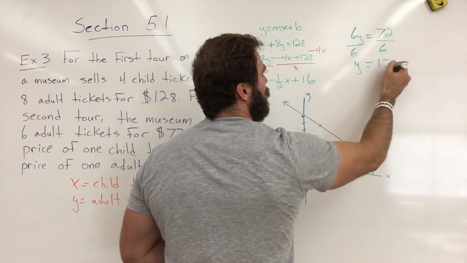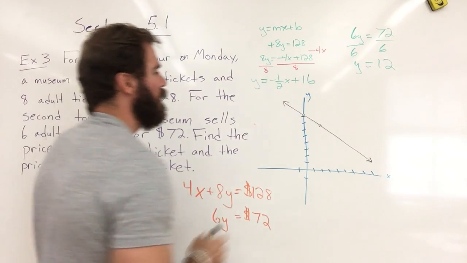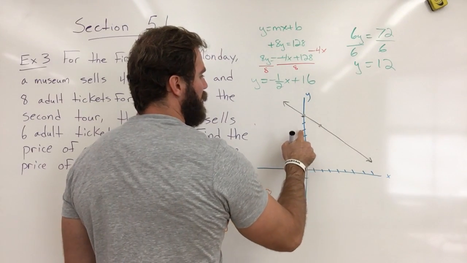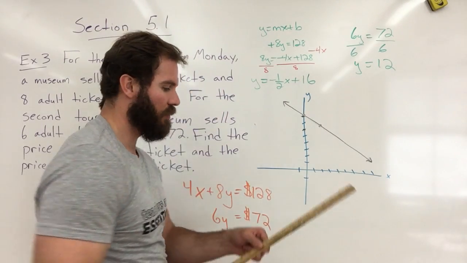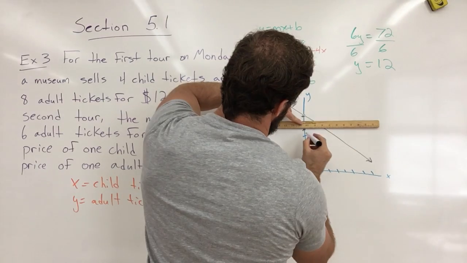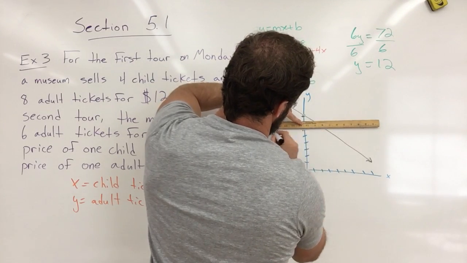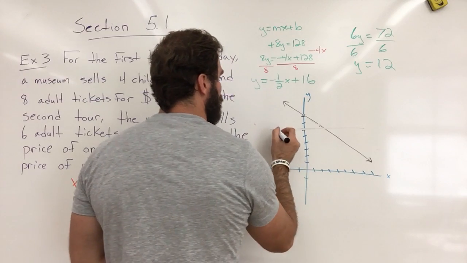And y = 12. That's it. y = 12. 2, 4, 6, 8, 10, 12. And since there's no slope, it's just going to have a slope of 0. So it's just going to be a straight line, except this marker is really dying on me here.